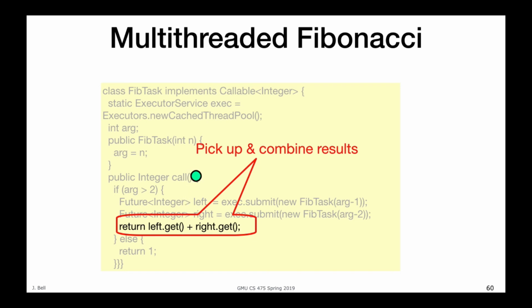Then to get our Fibonacci number of n, we'll return n minus 1 plus n minus 2. And recall that these get methods are going to block and wait until the child task finishes, and then return that original value.